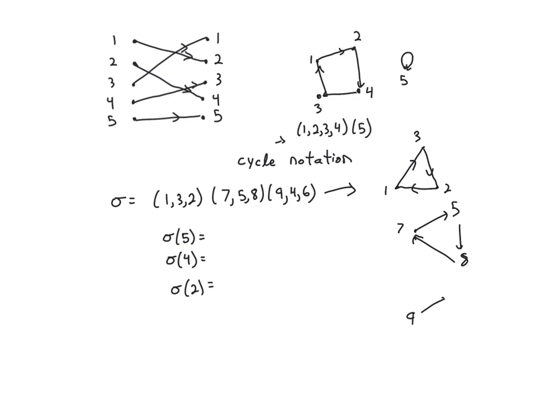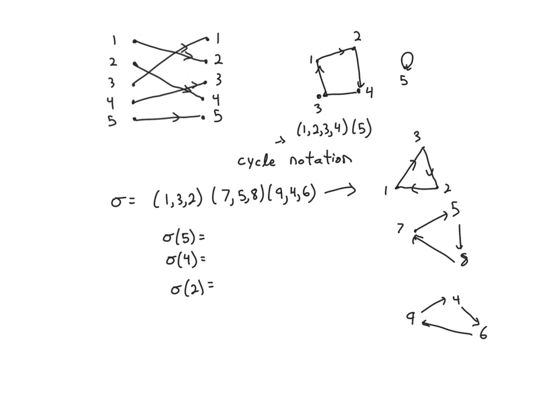And 9 goes to 4, goes to 6, goes back to 9. So there's a way to get the graph back from the cycle decomposition. Given one of these cycles, you write down the vertices in the order in which they appear as you go along the edges, and you close off with parentheses. And why do we use the parentheses? Because they inform the reader where one cycle ends and the next cycle begins.